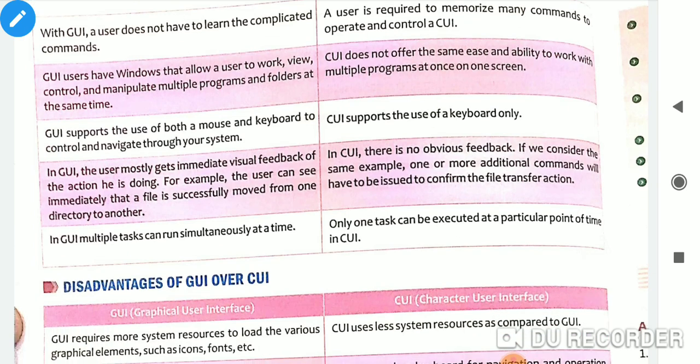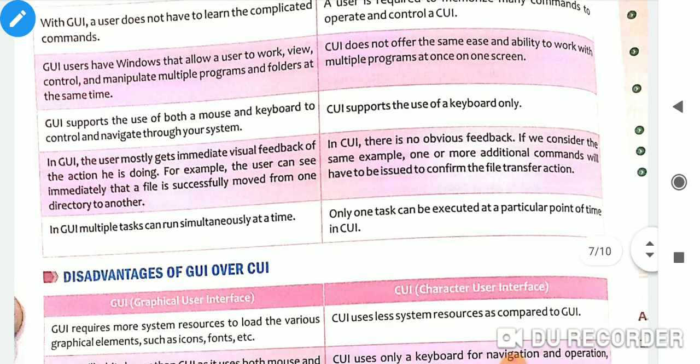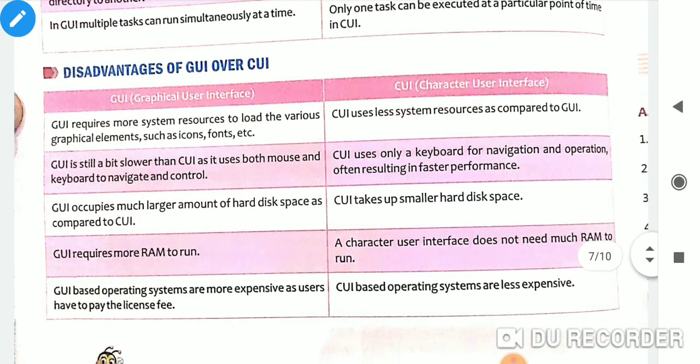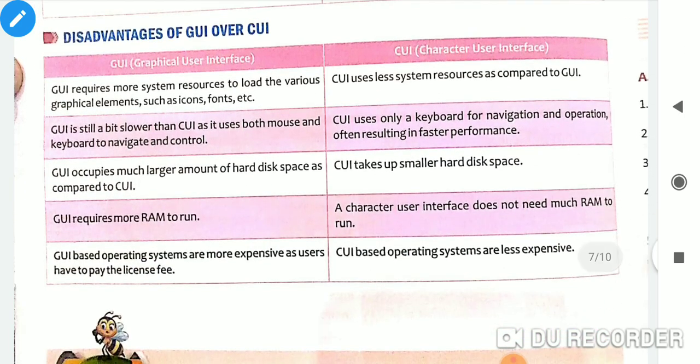Children, you can read all the instructions, all the differences. And now come to the disadvantages of GUI over CUI. The disadvantage of GUI is that it requires more system resources to load the various graphical elements such as icons, fonts, etc. But CUI uses fewer system resources as compared to GUI.